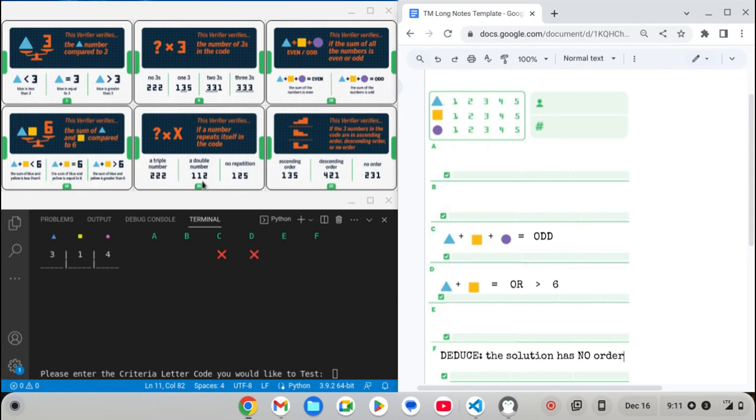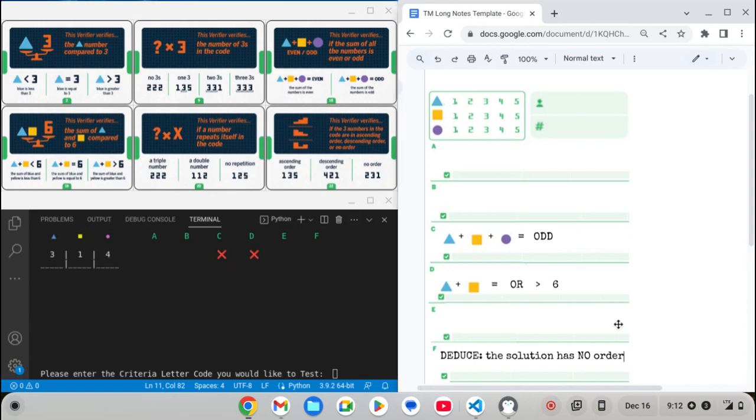And if you had a double number where the middle was different, that would be increasing and then decreasing or vice versa. So if you had a double number, that would also imply no order. In those two cases, that would make criteria card F irrelevant.